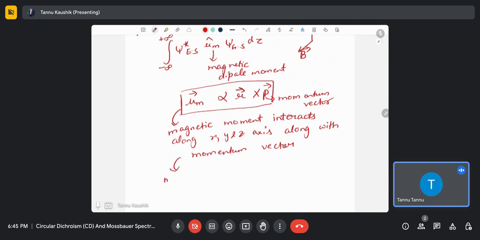So this magnetic moment moves in a circular way.